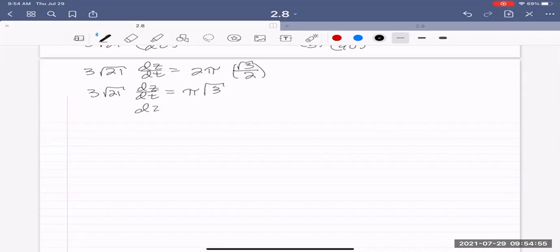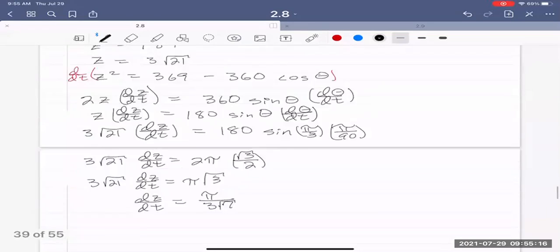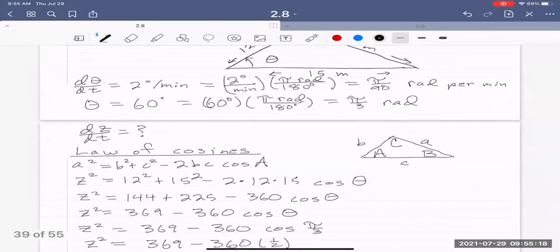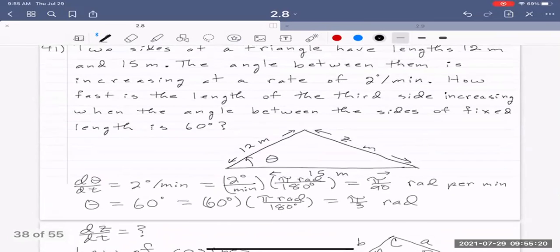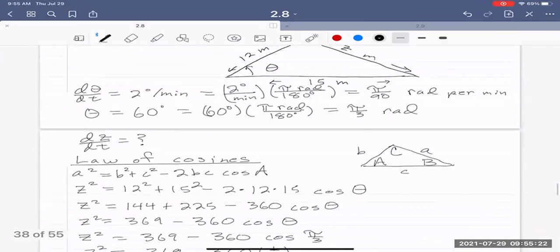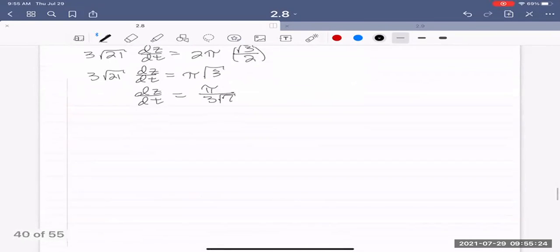So let's divide both sides of my equation by 3 rad 21. So this is pi, and 21 divided by 3 is 7. So this is dz dt equals pi rad 7 over 3. And this is in meters per minute. Meters and minutes, so that's meters per minute.